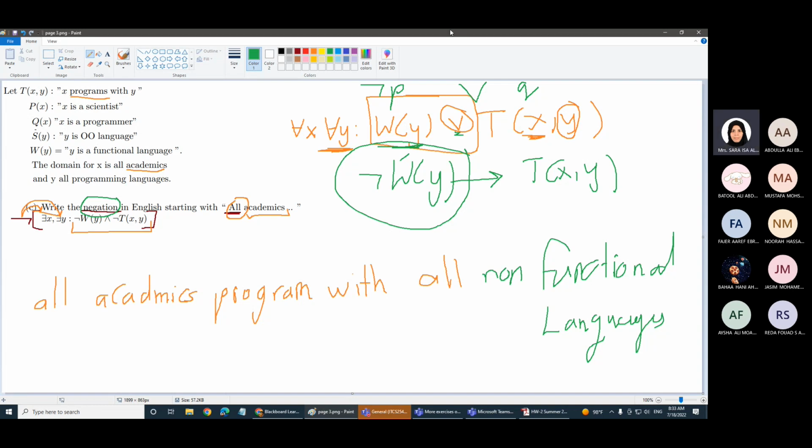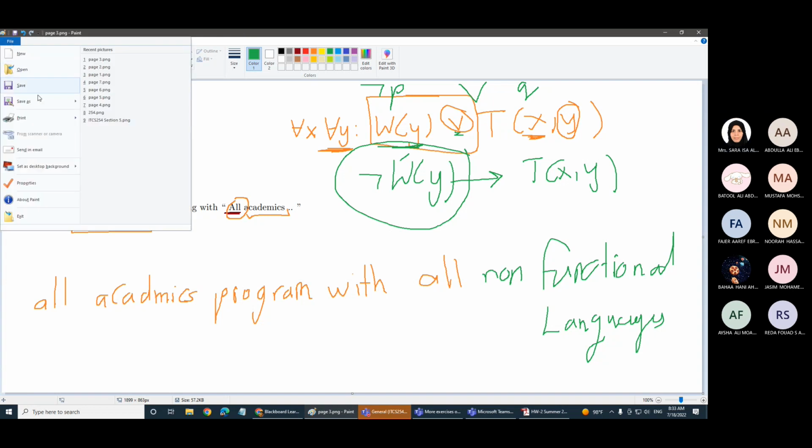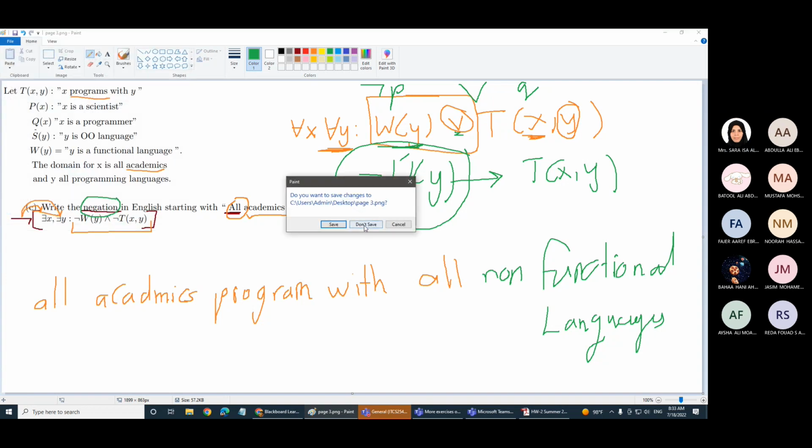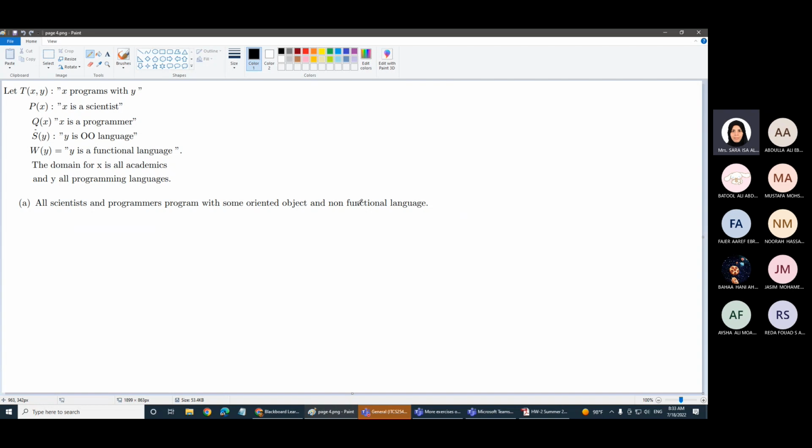Let's go now for the second slides. With the same question, huh? We do not go for another predicates. All scientists and programmers program with some object oriented يعني يقصدون منها ال OO.